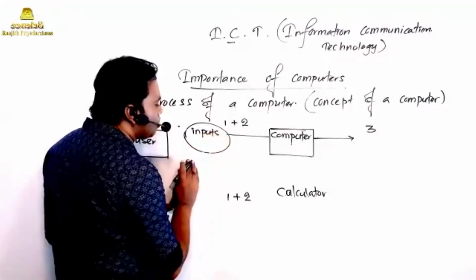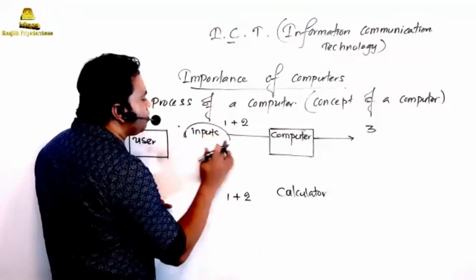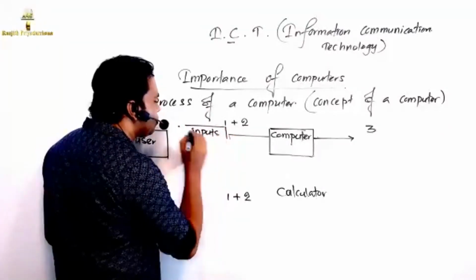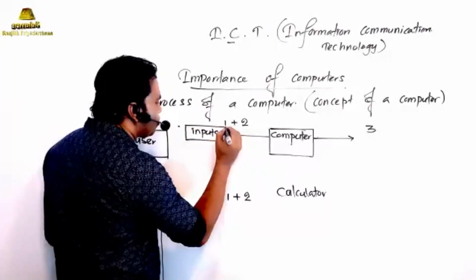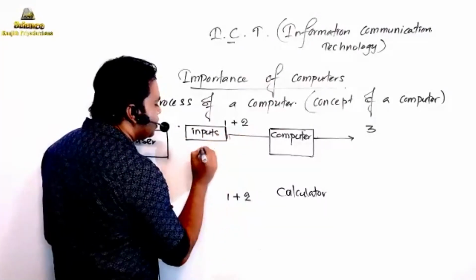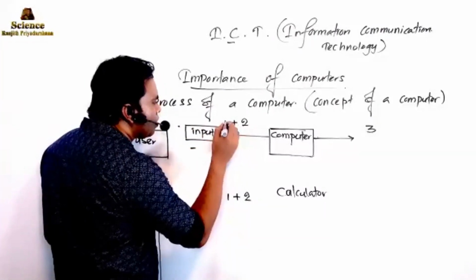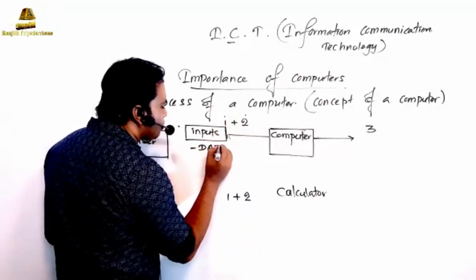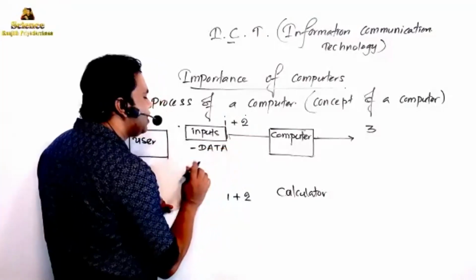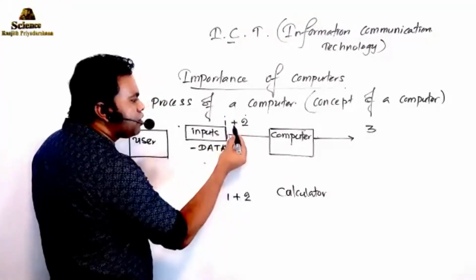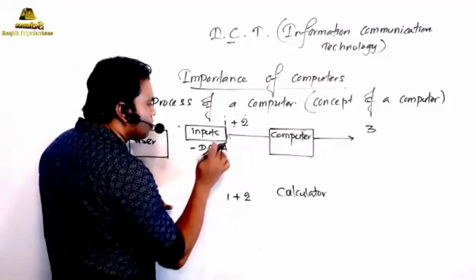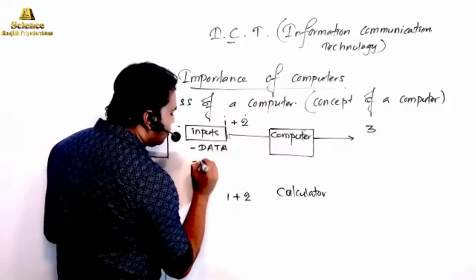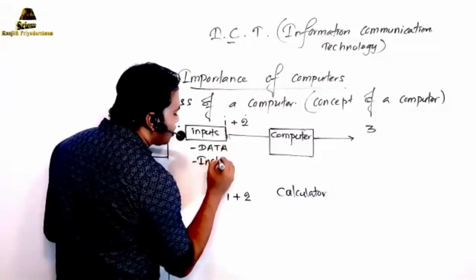Inputs. Okay, what are those inputs? මොනවද මේ inputs? Yes, that input may be that data. Data. Okay. And you can see that instruction. මේ විධානයක් දීලා තියෙනවා එකතු කරන්න. Another one, instructions.